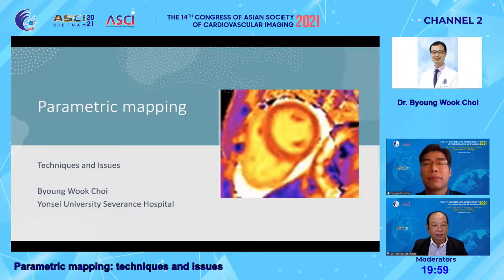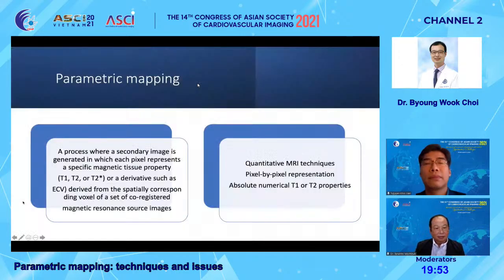Thank you, Chairperson. Good morning, ladies and gentlemen. The definition of parametric mapping is a process where a secondary image is generated in which each pixel represents a specific magnetic tissue property, T1, T2, or T2 star, derived from the spatially corresponding voxel of a set of co-registered magnetic resonance source images.